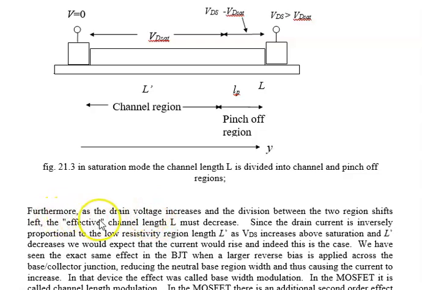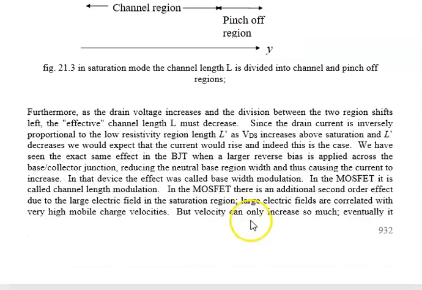And what we say here is as the VDS increases, this division moves. This point right here, the point LP, moves to the left. So what happens here, and this is actually quite interesting, the channel itself gets, of course, smaller. Delta L, this double arrow, gets bigger. This region gets smaller. And what happens here is exactly the same thing that we had in a BJT.